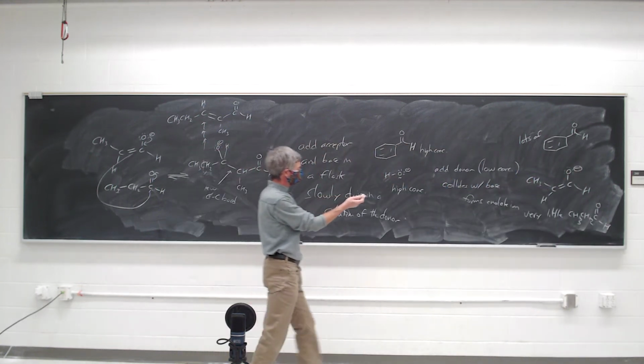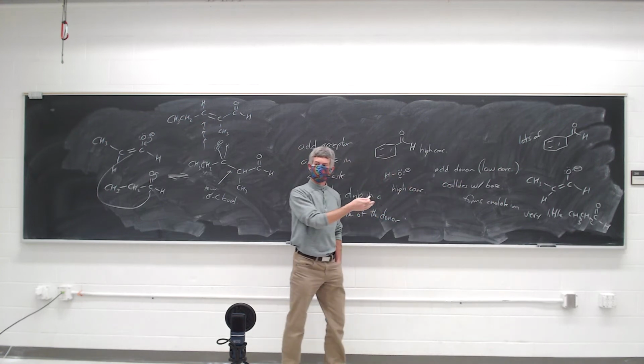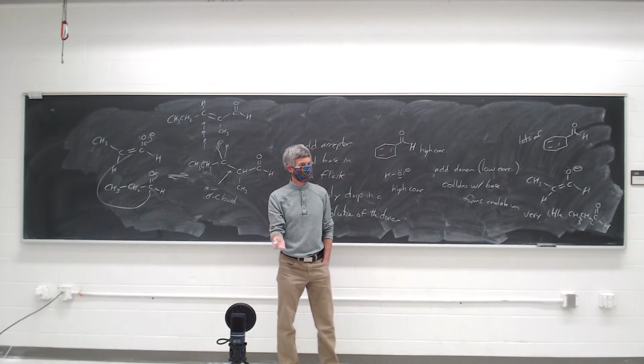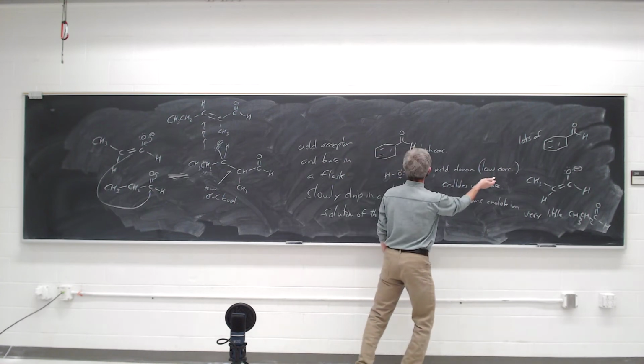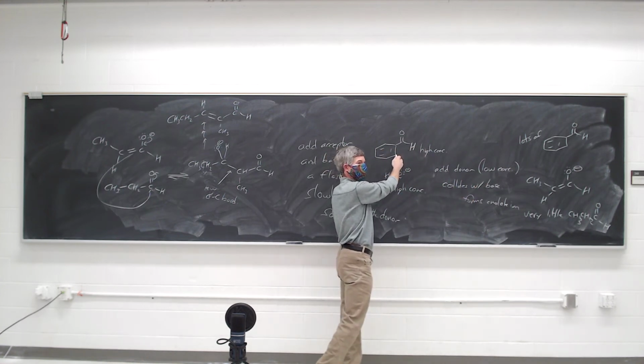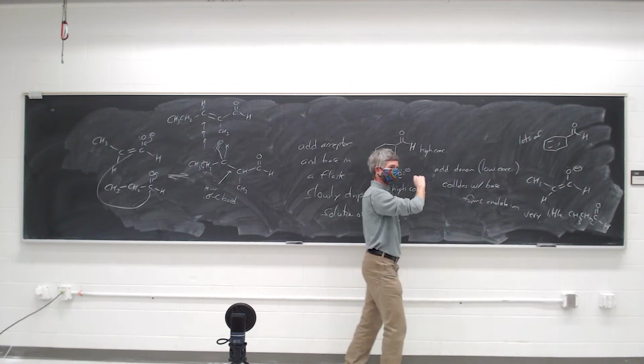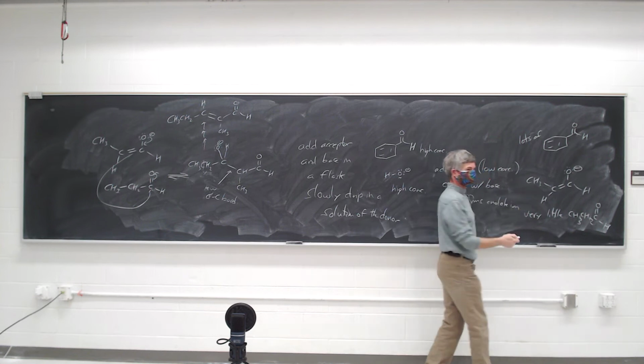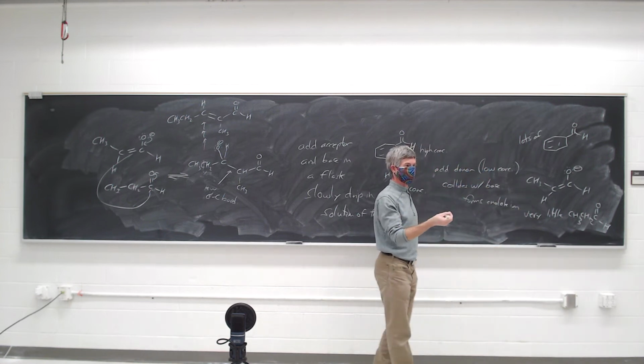So you drip in a little bit of the donor, it crashes into a hydroxide ion and forms the enolate ion. And that enolate ion is then in the presence of the large concentration, because you've got the entire quantity of your acceptor molecule already in solution. It's way more likely to collide with this than it is to collide with the next molecule back that you just dripped in very slowly.